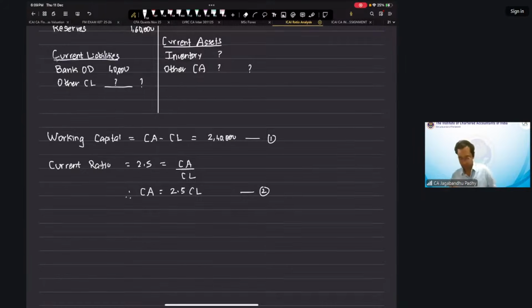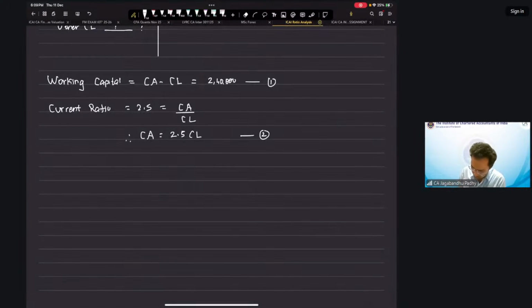Okay, so we say current asset, substitute 2 in 1. Substituting this, we'll say 2.5 current liability minus current liability is 2,40,000.